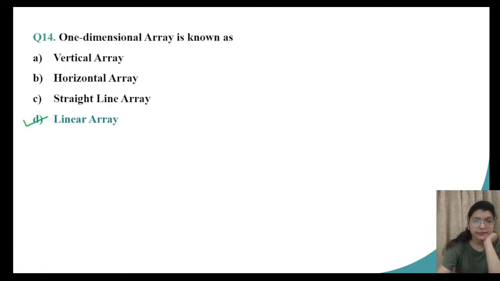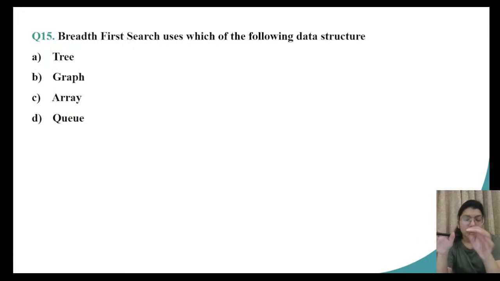Okay. Then, now, very important question. Breadth first search uses which of the following data structures? Tree, graph, array, or queue?